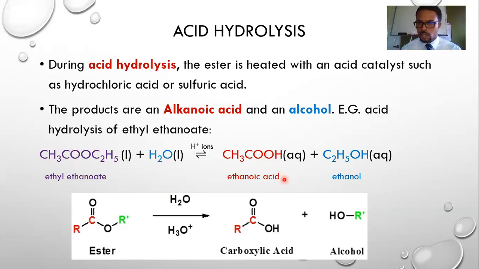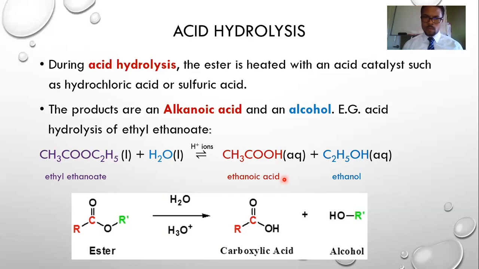Anybody have any questions? All right, no questions. Important things to note: in acid hydrolysis, you use an acid to catalyze the reaction, and in that process you produce an alkanoic acid and an alcohol. How would we know what is produced?